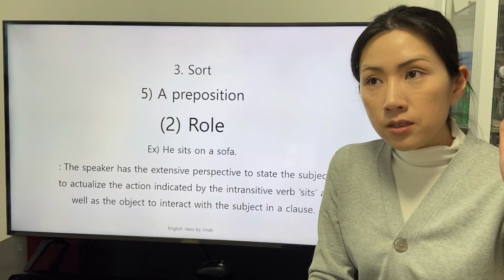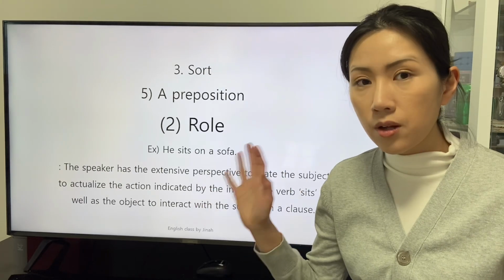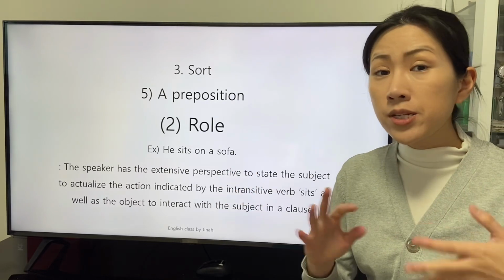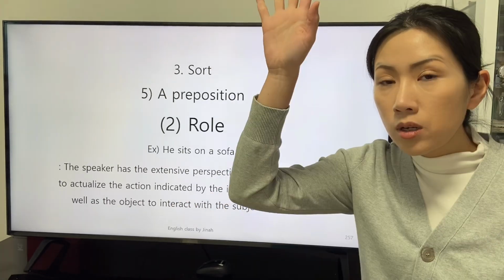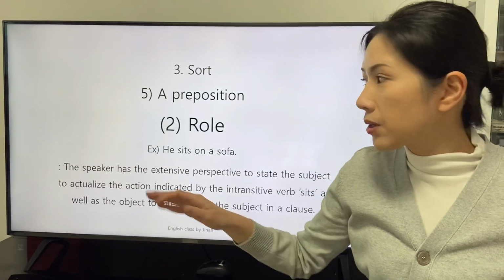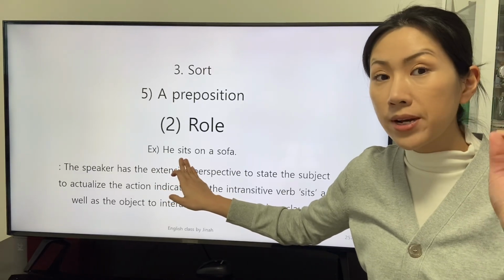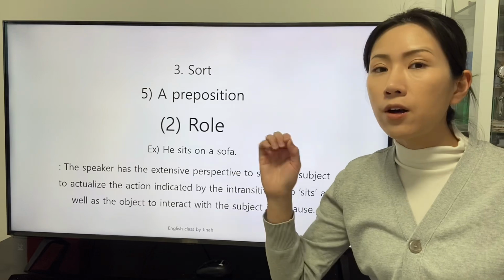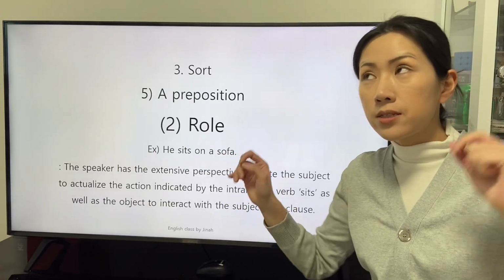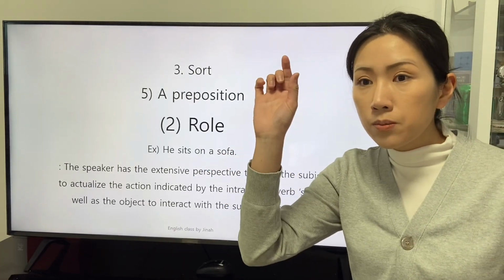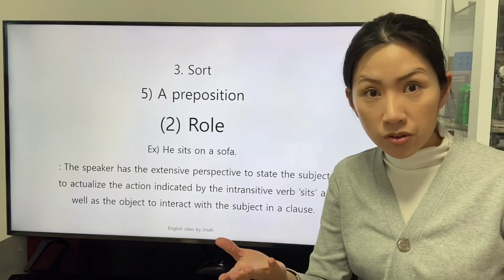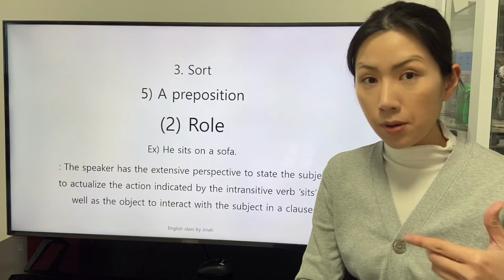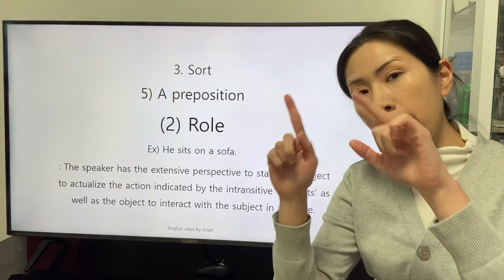Then let's think of the condition that there is a man in a green screen and he makes an action that is indicated by the intransitive verb sits. Additionally, we also think of a sofa that his action is conveyed on. This is the broadened perspective to describe.